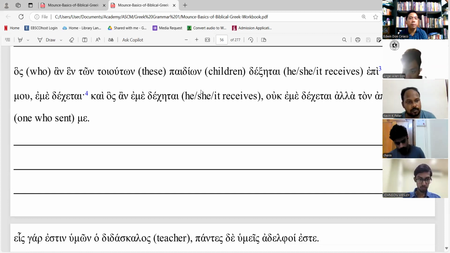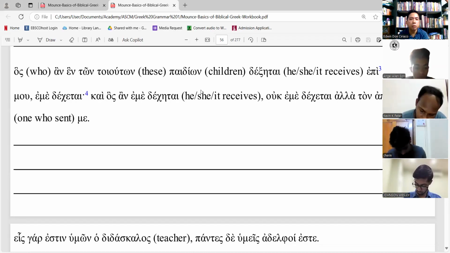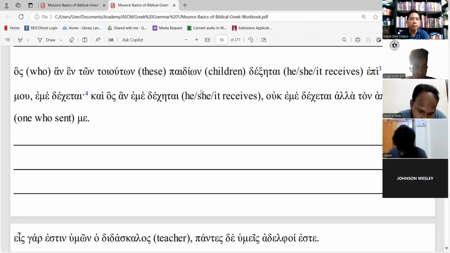And then this is for me: Hos an ton toyoton paidion dexitay epito onomati mo, eme de kitay, kayos an eme de kitay, uk eme de kitay, alaton apostelanta me.